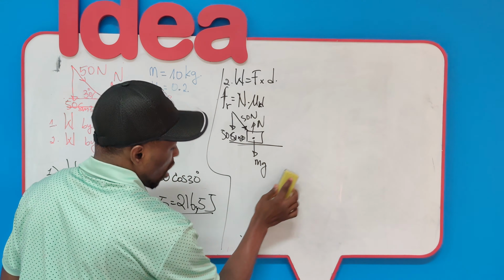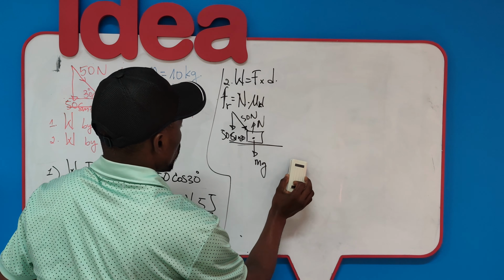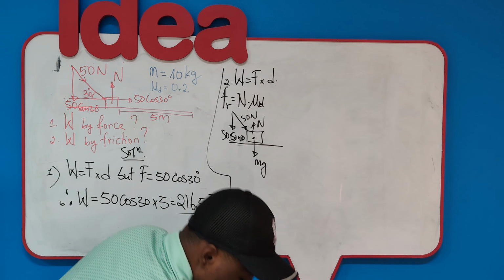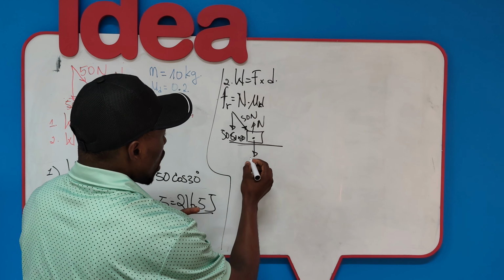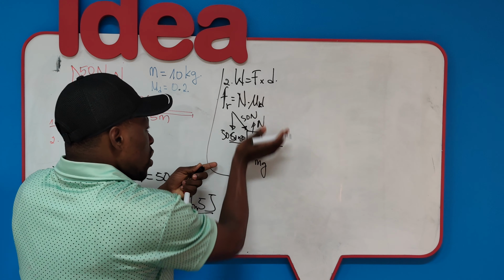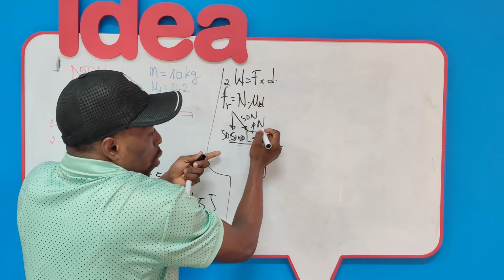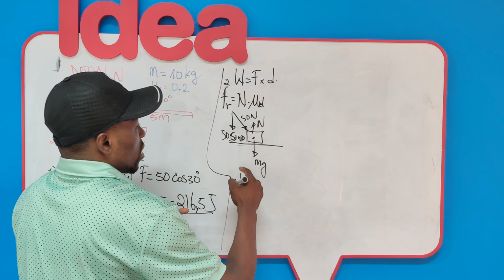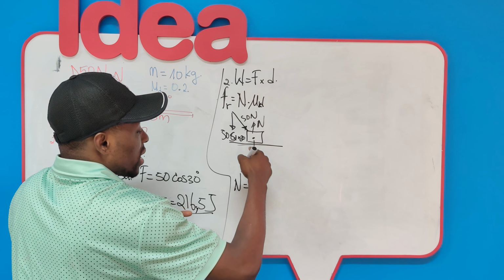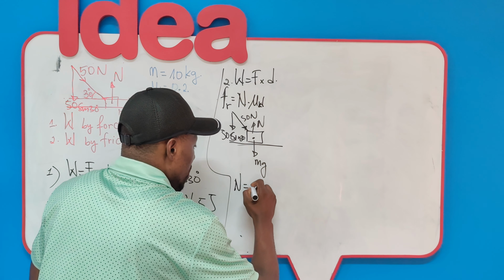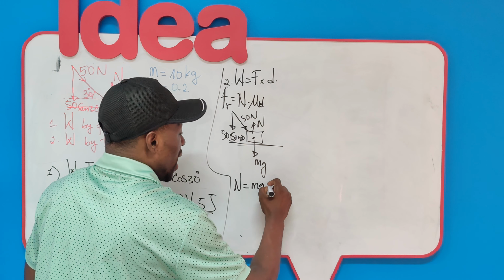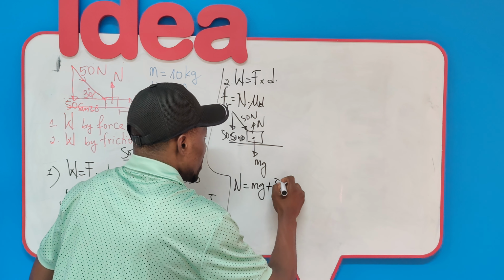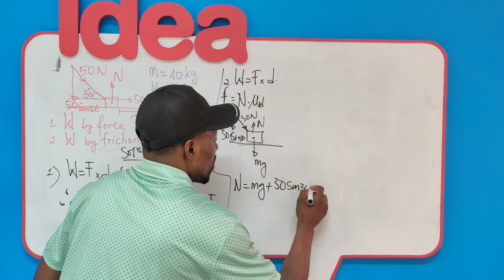Let me clean this up and show you what it gives. If we take this into account, we realize that the only upward force is N, which equals the downward forces: mg plus 50 sin 30 degrees.